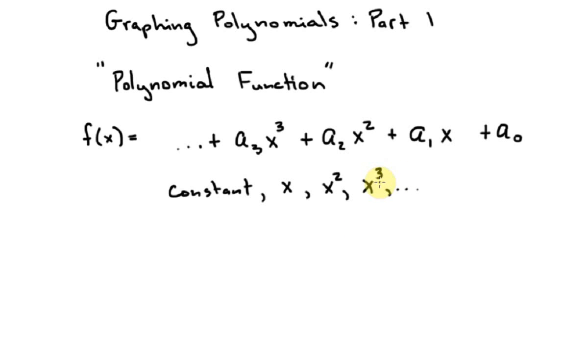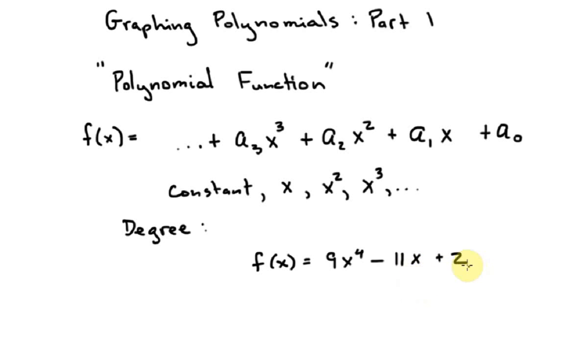The highest exponent in your polynomial function dictates what we call the degree of the polynomial. So why don't I do a couple of examples here. Let's say you had a polynomial function and it looked like this. Somebody says f of x equals 9x to the 4th minus 11x plus 2.